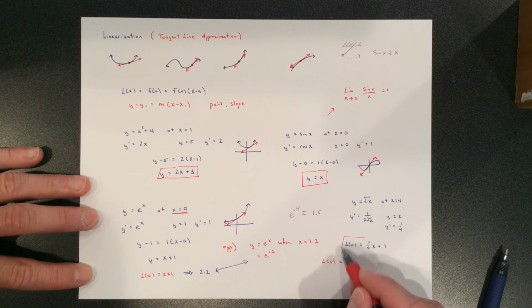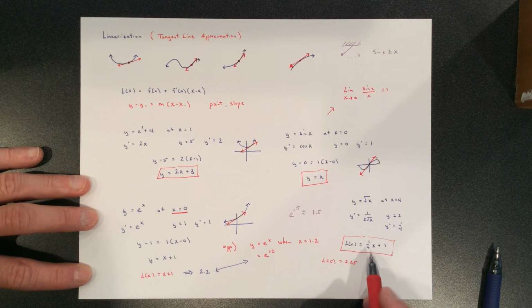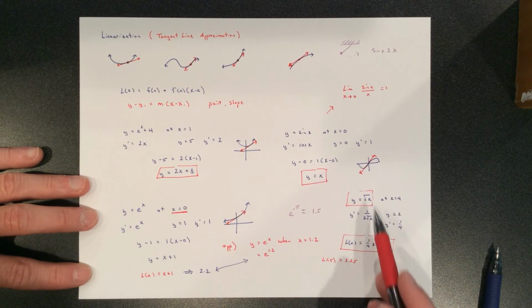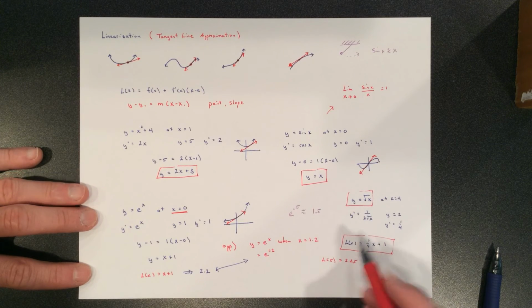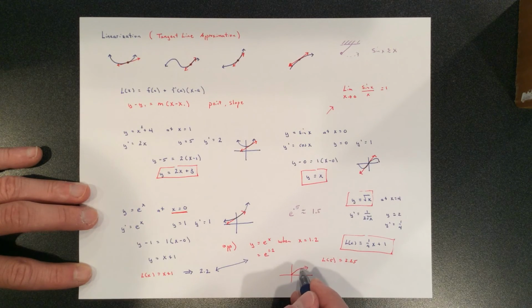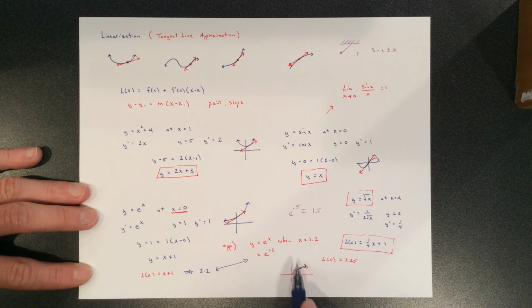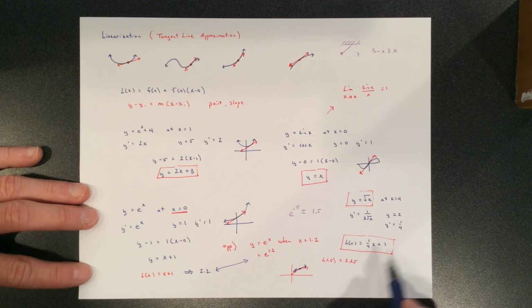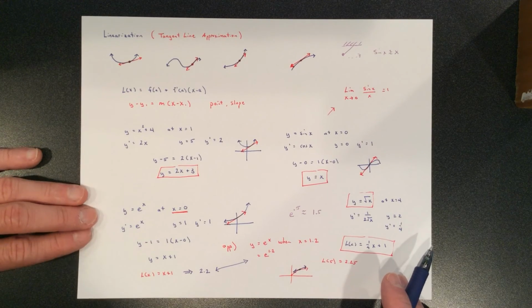This linearization is the tangent line that approximately gives us a model for the square root. Again, it would look something like, there's the square root. At 4, we're looking at the tangent line, and we're using the tangent line's value at 5 instead of the square root of 5. But I'm claiming that they're pretty similar. Plug in the square root of 5 and you're going to get something close to 2.25.